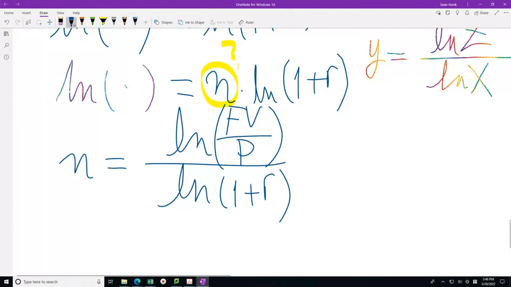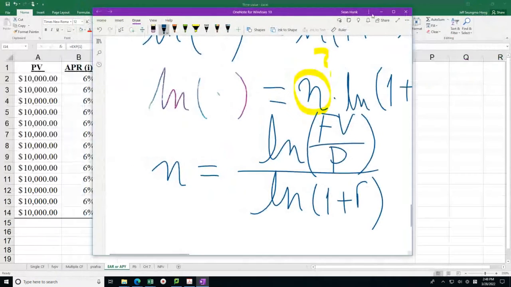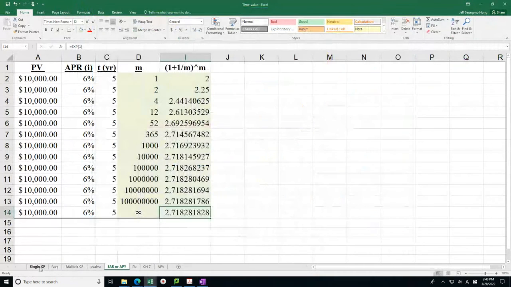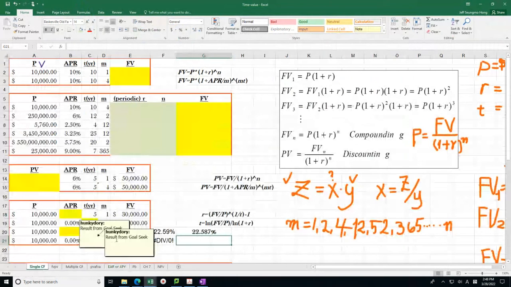Okay, so this is how you find n. This is how you solve for n. Now that took a lot of our time. We have just a couple of minutes left, but let's do this.